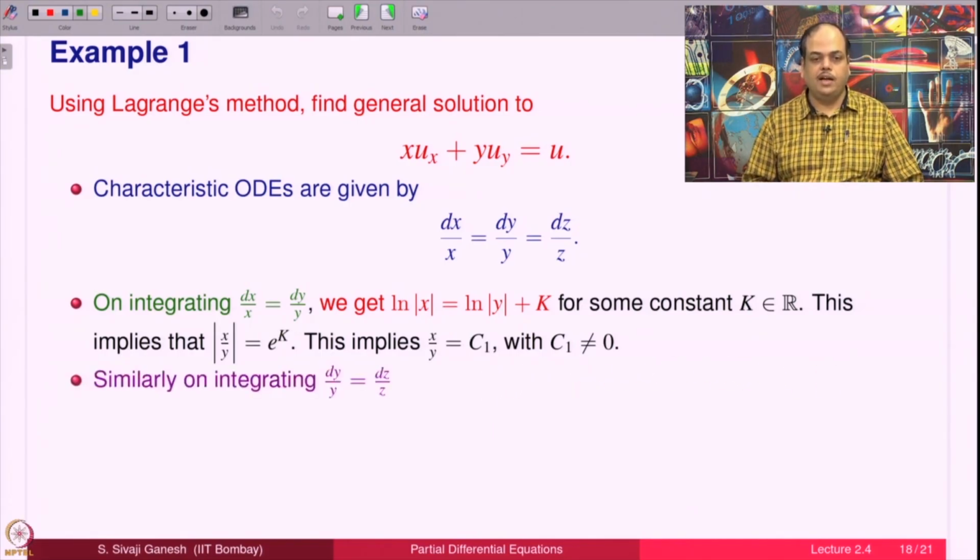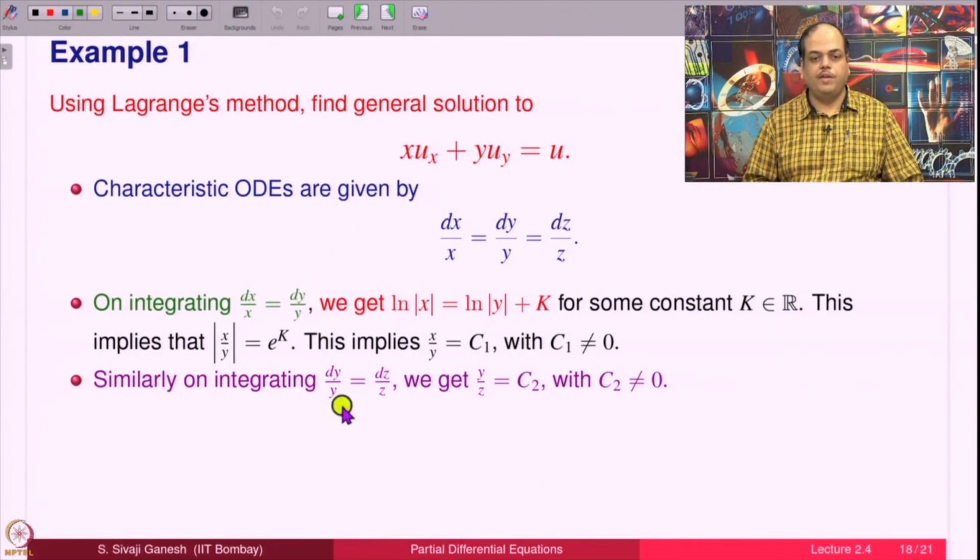Similarly, on integrating the other equation, dy by y equal to dz by z, we could choose any combination. We just want two functions phi and psi. So, this is one solution, x by y equal to constant, a solution of dx by x equal to dy by y.